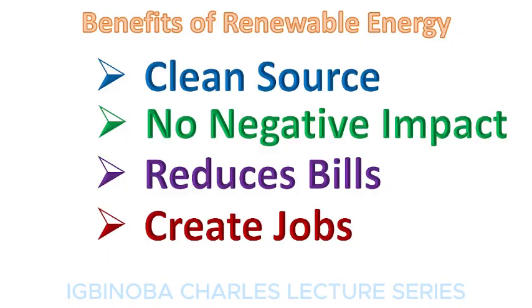If the dust is not cleaned, it will reduce the efficiency of the system. So people are engaged to clean the dust, and by so doing, they create jobs. Also, due to lightning and thunder, some of the solar power systems might get damaged. So we need people to maintain them so that they can go back into operation. By so doing, jobs are created.